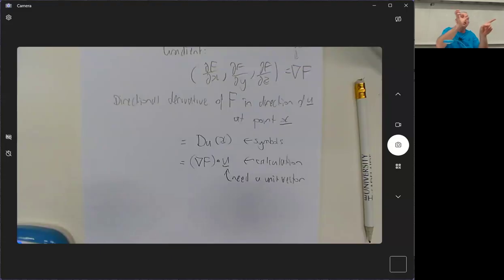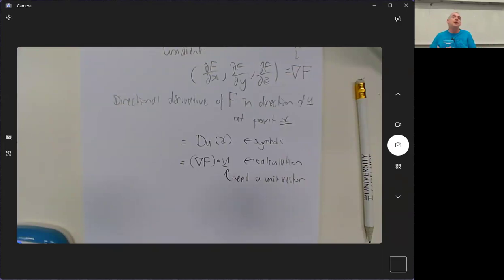And so I get the gradient and I dot it with a unit vector in that direction. I should have done that under here, but anyway. I want to go that direction, and then I need to figure out what the gradient is here and dot it with that direction. And that will be a number. It'll be the speed at which that thing changes when this changes by 1 unit per second or whatever.